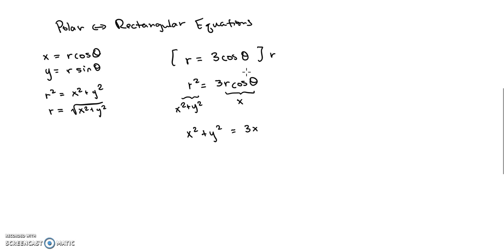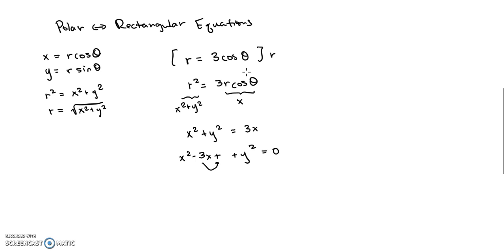You want to make sure that when you change, you have to be either in all r's and thetas or all x's and y's. You can't have a mix of them. So you can't make a substitution until you can swap everything out. Now looking at this, you should recognize this as being a circle. We just have to get it into the right form. So we're going to move that 3x over, and I'm going to leave a little space. To get this into the right form of a circle, this needs to be something squared. If you remember back to algebra, we take the middle number, divide by 2, and square it.